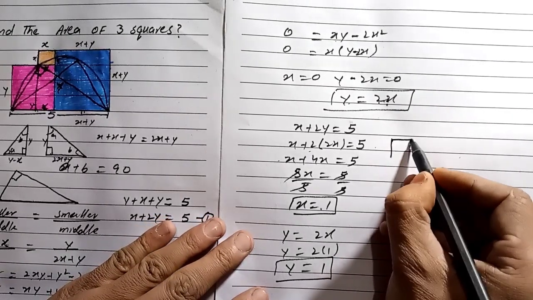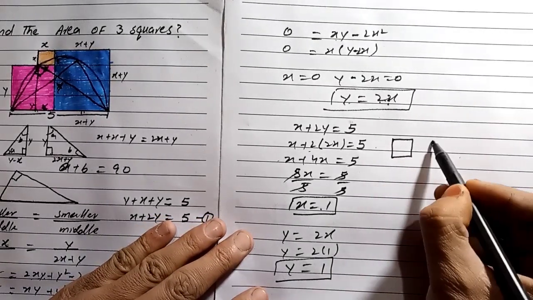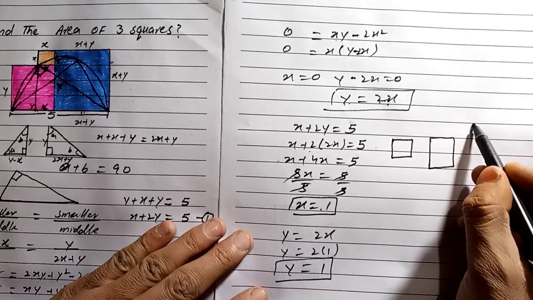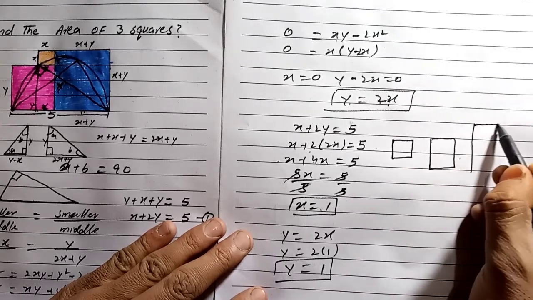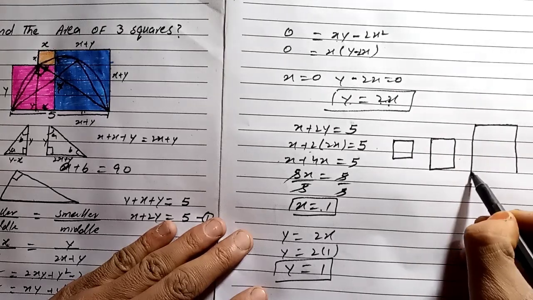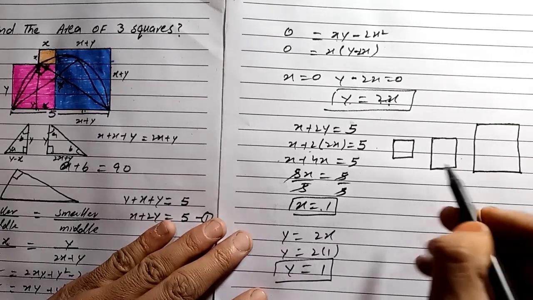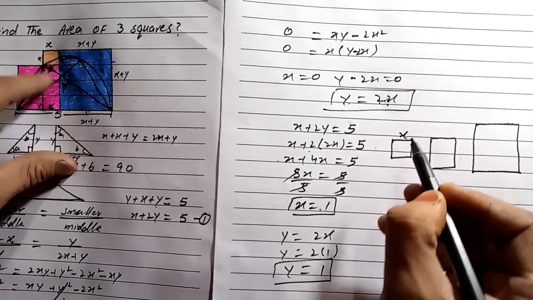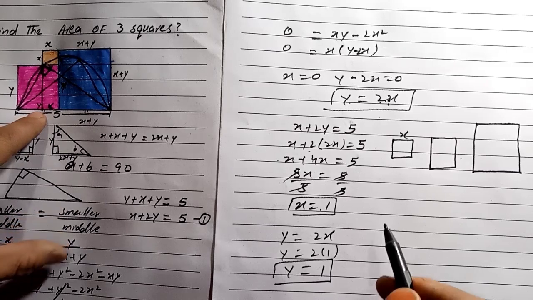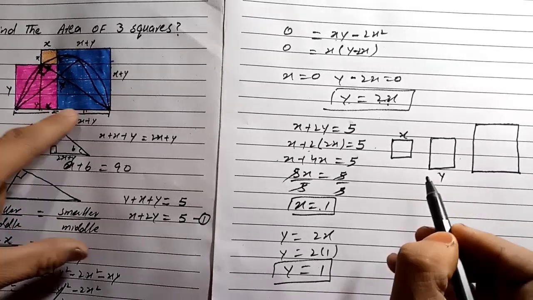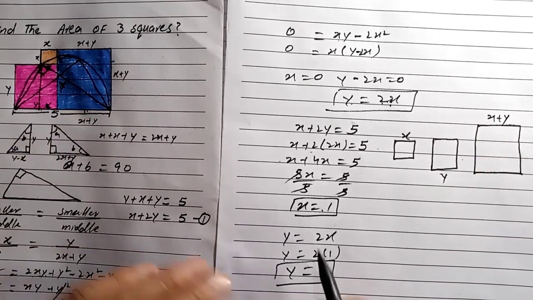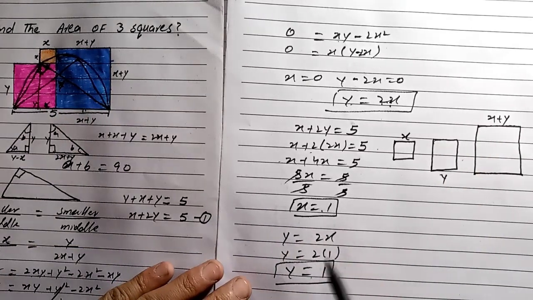This is the smaller square, this is the middle square, and this is the larger square. We know the length of the smaller square is x, the length of the middle square is y, and the length of the greater square is x plus y.